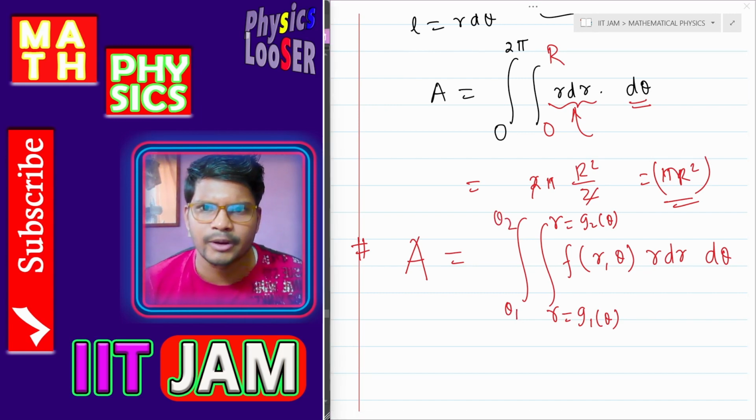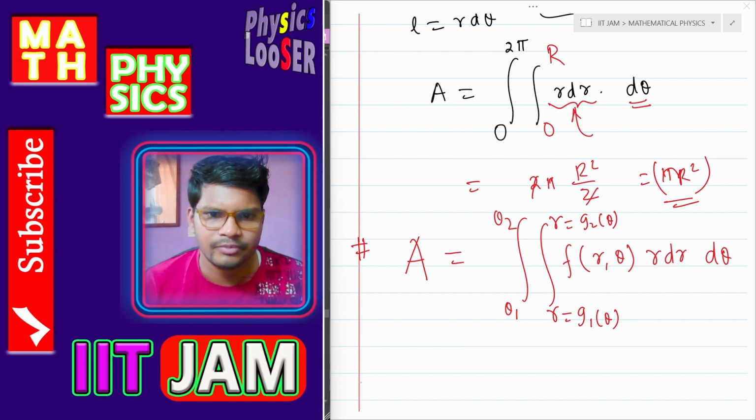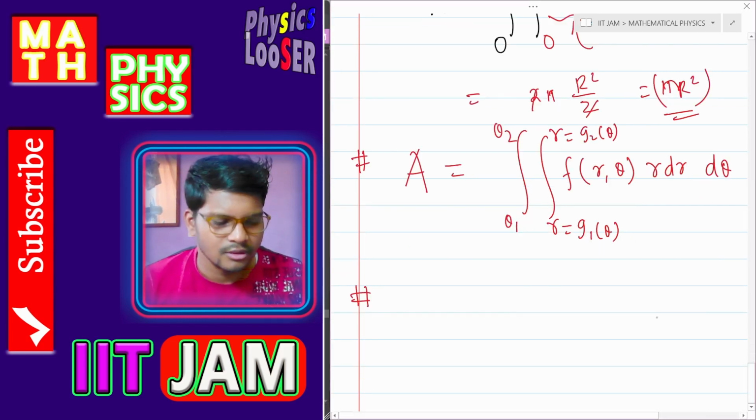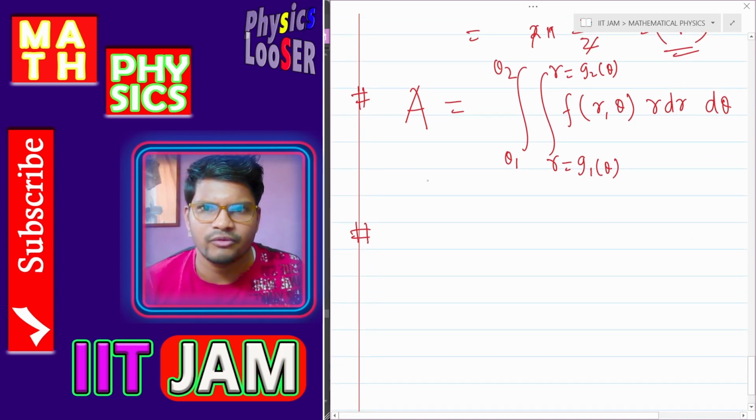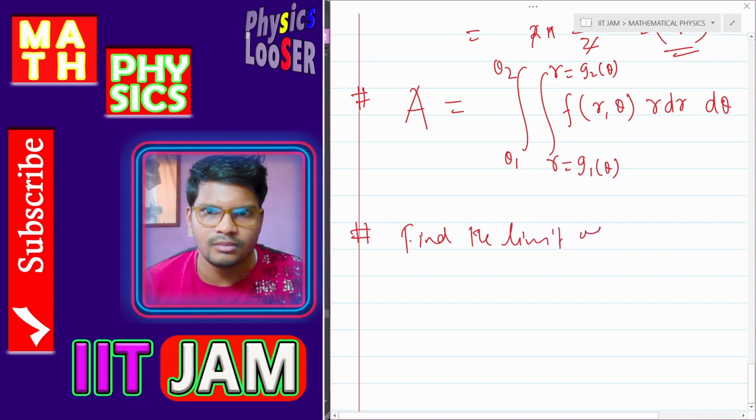I'm going to give you some particular limits, and I'm going to show you how we can find it if the region is not a circle, but something else. So there is a problem: find the limits of integration.